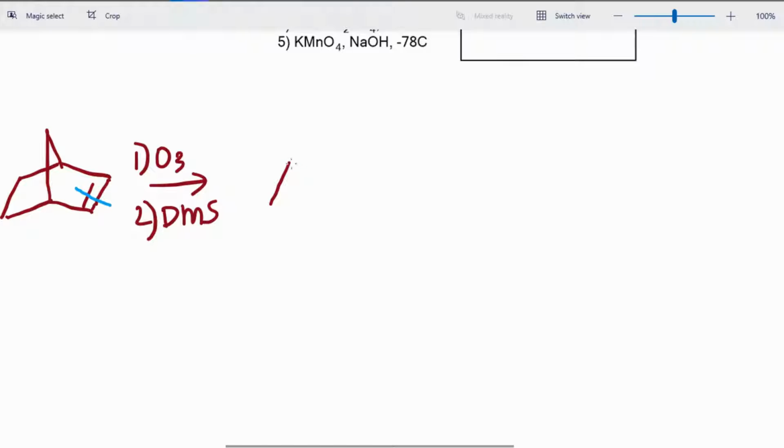If you choose to draw it in 3 dimensions, you can maintain the 3-carbon system like that, draw the bridges down, because that's what we've done, and then we can cleave this double bond and rotate it to form our aldehyde or ketone. In this case, it's an aldehyde.